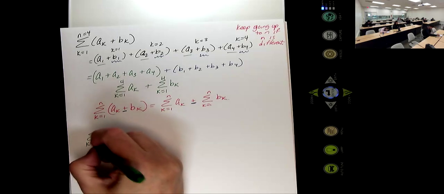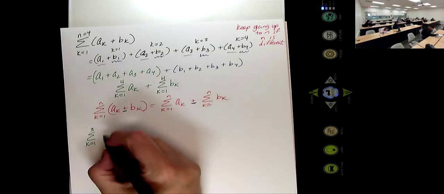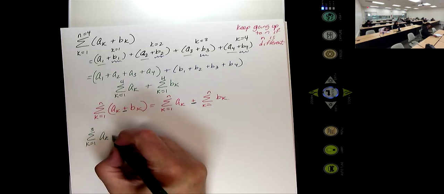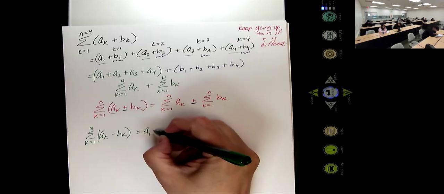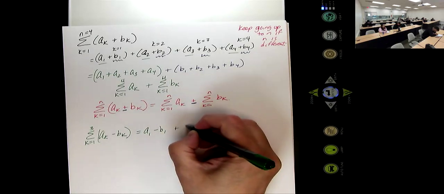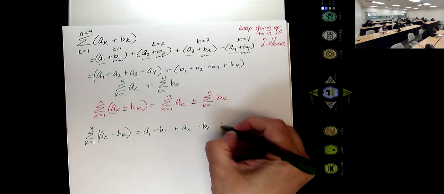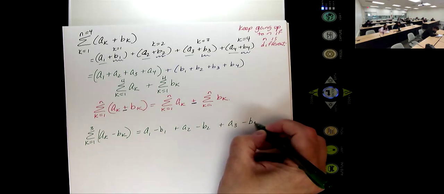K equals 1 to 3 of a sub k minus b sub k. That is A1 minus B1 plus A2 minus B2 plus A3 minus B3.